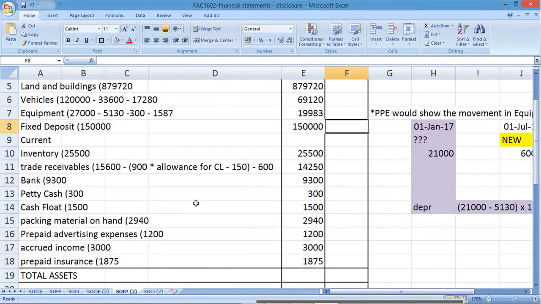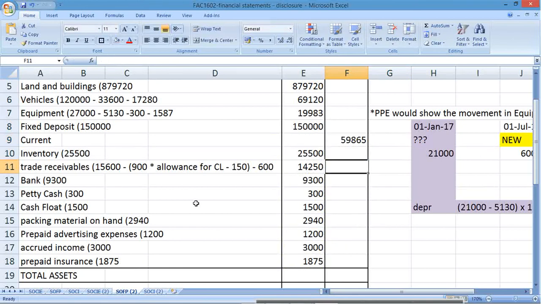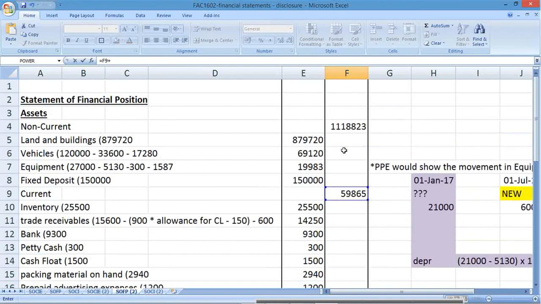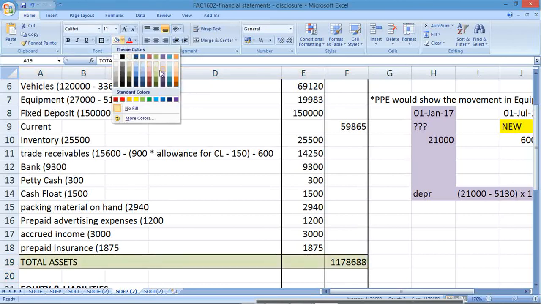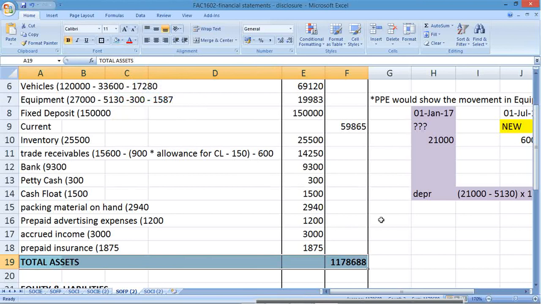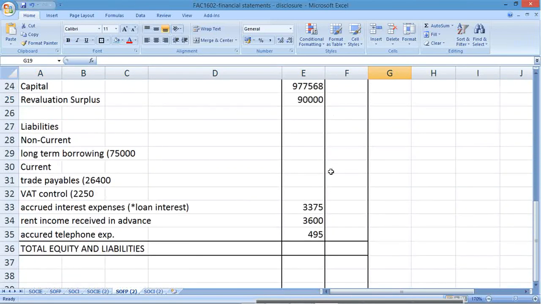Perfect. Okay, so then tally up the current, and then non-current and current gives you total assets. That gives me that figure. And then this is the figure that I'd be hoping for in terms of my equity and liabilities. And we'll check. If I've left anything out, we go back and try fix the mistake.